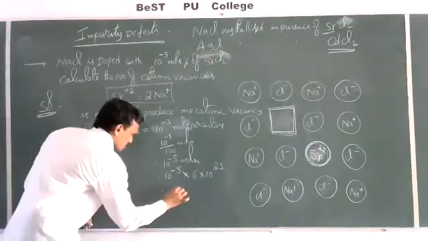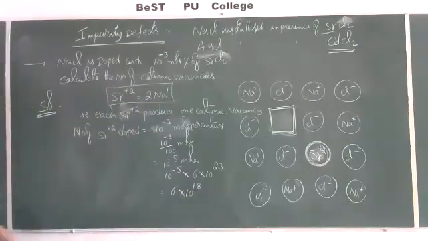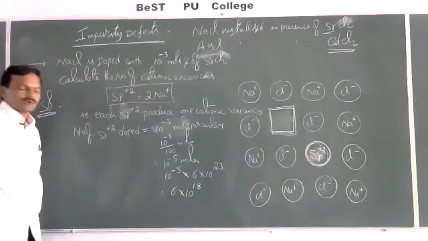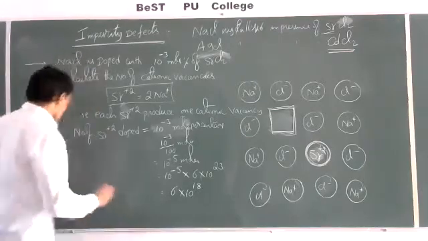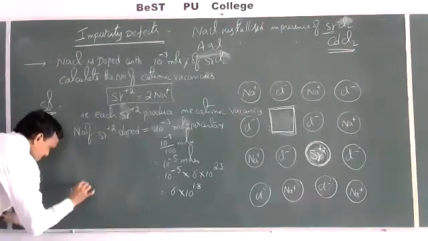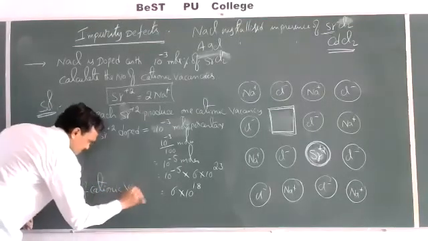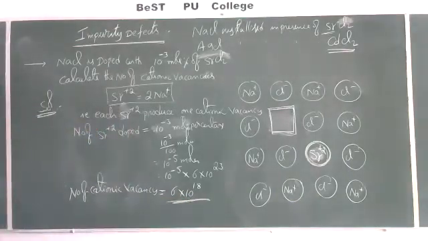This is equal to 6 into 10 to the power of 18. Okay, therefore the number of Sr+2 doped is equal to the number of cationic vacancies. Therefore the number of cationic vacancies is equal to 6 into 10 to the power of 18.